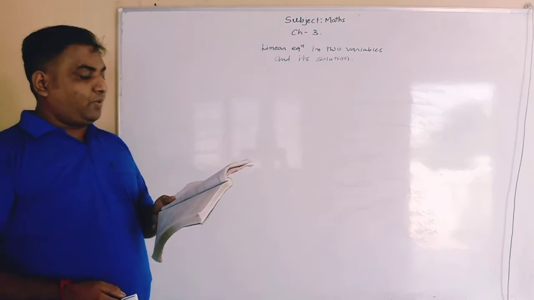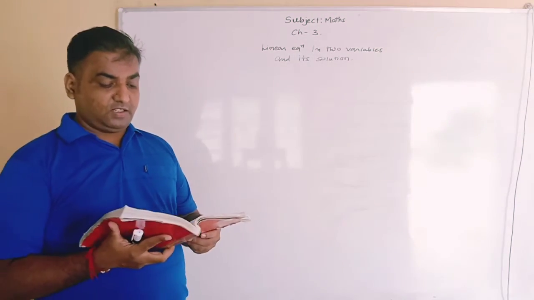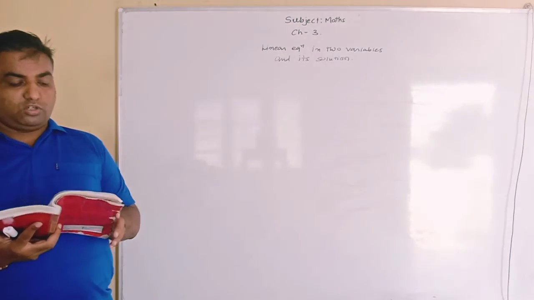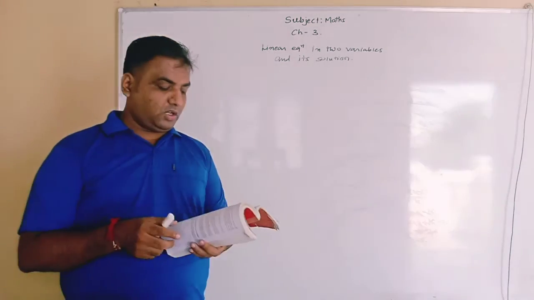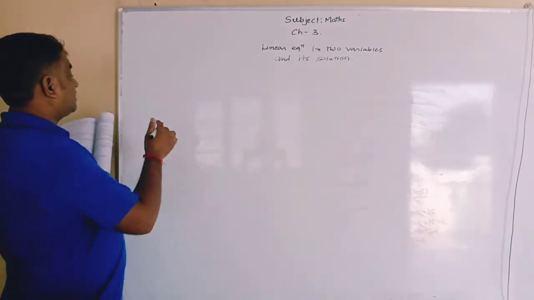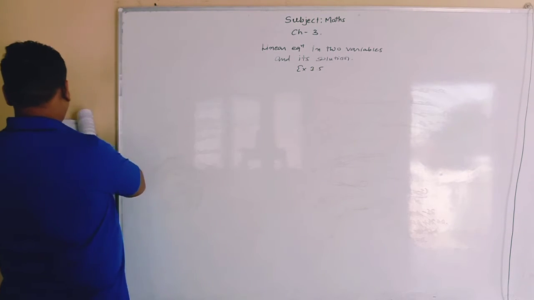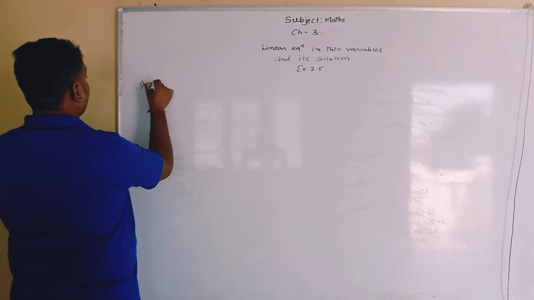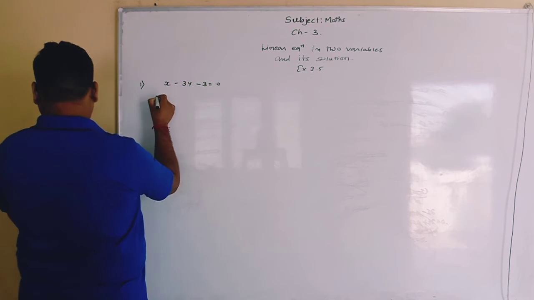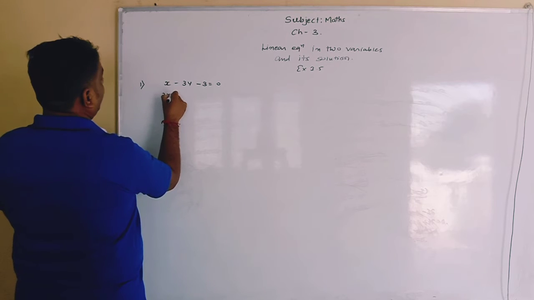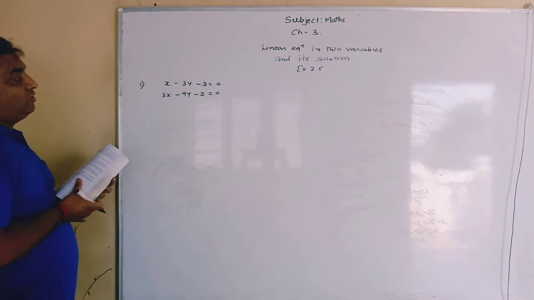Now exercise 3.5. Which of the following pairs of linear equations has a unique solution, no solution, or infinitely many solutions? In case of a unique solution, find it. The first question given is x minus 3y minus 3 equals 0, and 3x minus 9y minus 2 equals 0.